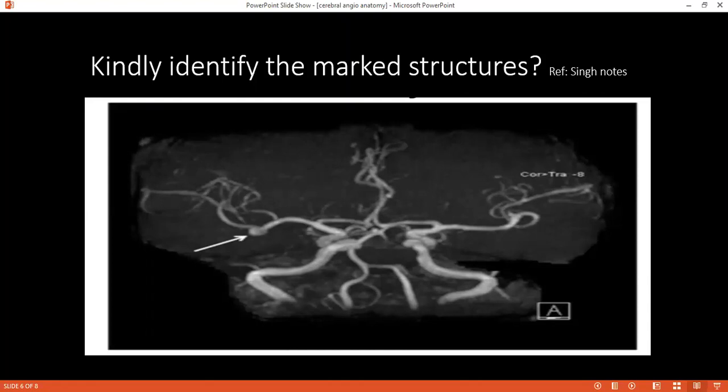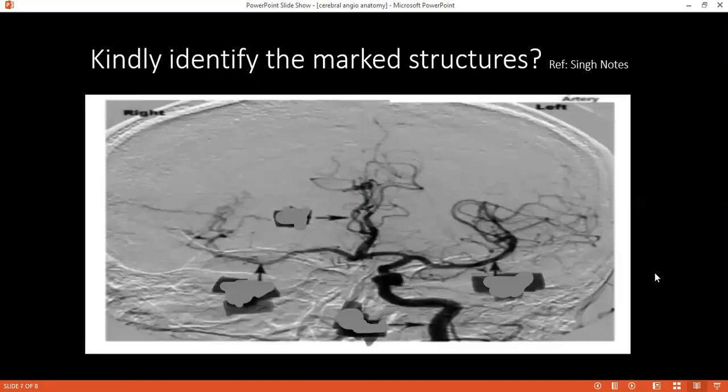Okay, can you tell me what is circle of Willis? Yes, ma'am. The circle of Willis is formed from the branches of internal carotid and the basilar artery. The branches from internal carotid are anterior cerebral artery, and anterior communicating artery communicates with both anterior cerebral arteries. Then there are middle cerebral artery, posterior communicating artery, and then posterior cerebral artery.